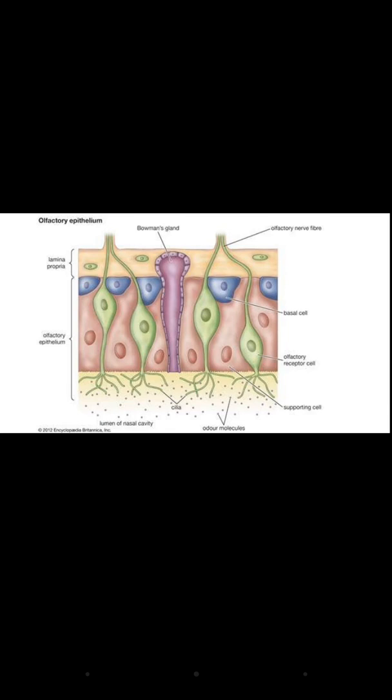And then there are cilia, hair-like projections, and these are attached to the olfactory receptor cells. The olfactory receptor cell is slender, and it forms the olfactory nerve fibers.